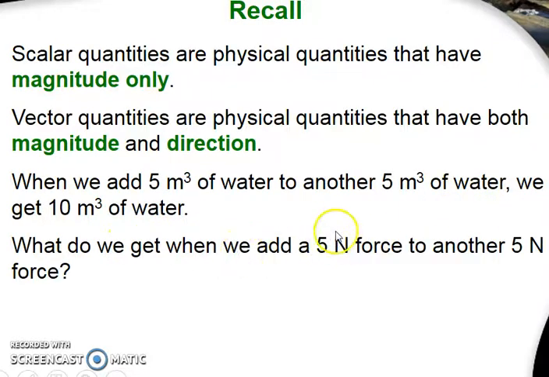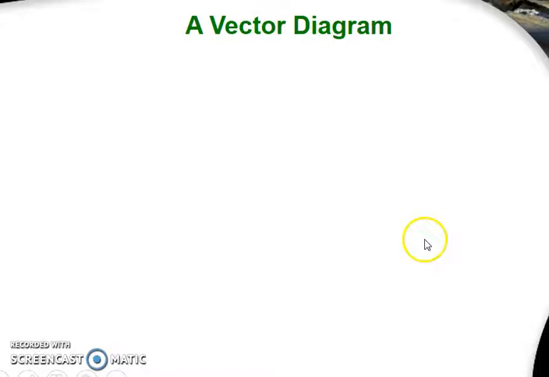But what if you add 5 Newton force to another 5 Newton force? Do you get 10 newtons? It depends, because 5 newtons of force is important in terms of the direction in which you are going to exert that force. That's why forces are vector quantities.